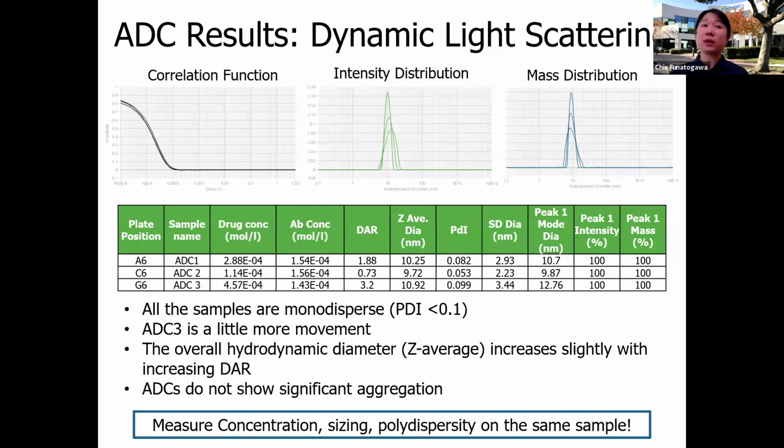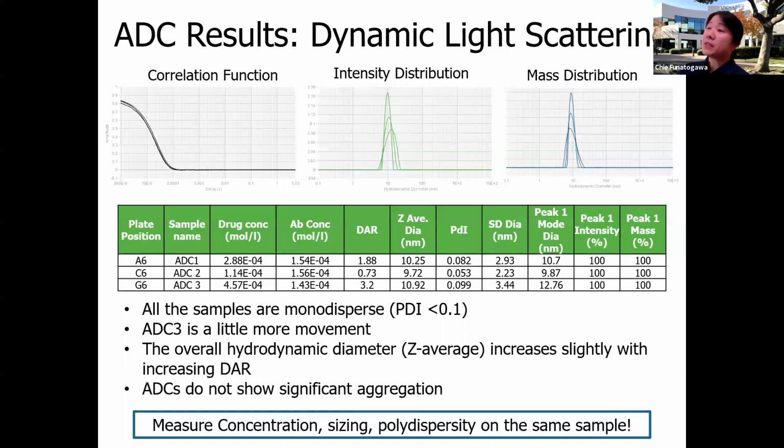So you can look at the quality of the ADCs with different drug-antibody ratios. In this case, you can see that there's a clear increase in the zeta average, or the hydrodynamic diameter, essentially, of the samples with higher and higher DAR.